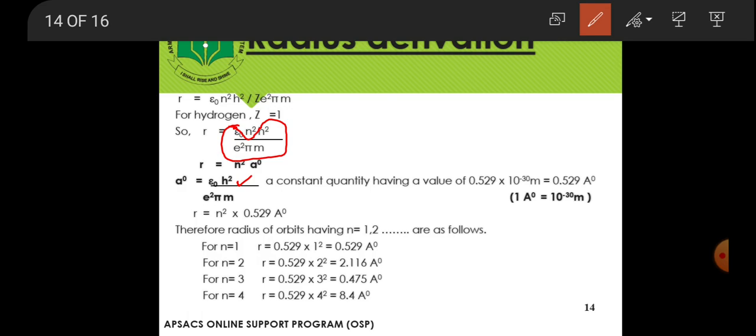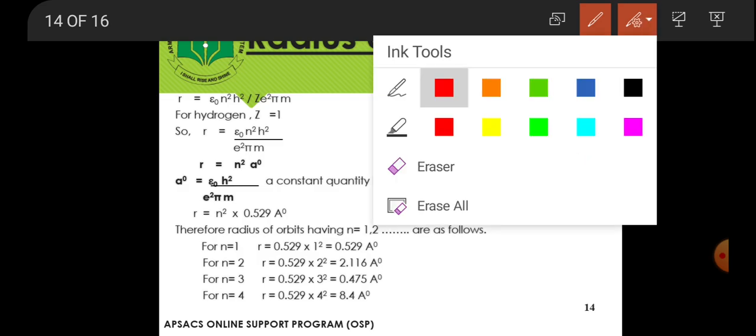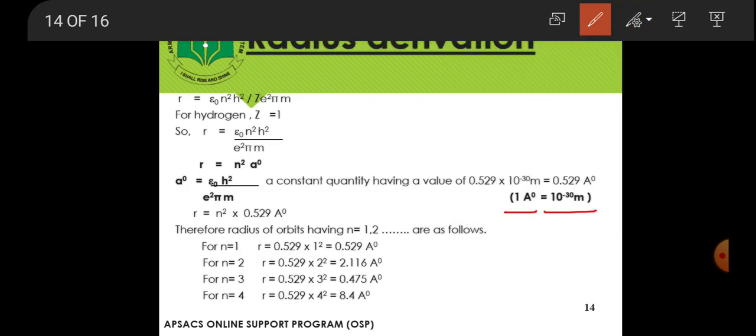And when we insert the value of all these constants, we get a constant quantity, a naught, having a value of 0.529 into 10 raised to the power minus 30 meter, or we can say that it is equal to 0.529 angstrom, as 1 angstrom is 10 raised to the power minus 30 meter. So instead of writing 10 raised to the power minus 30 meter, we write 1 angstrom. Angstrom is also the unit of length, as meter is a unit of length.